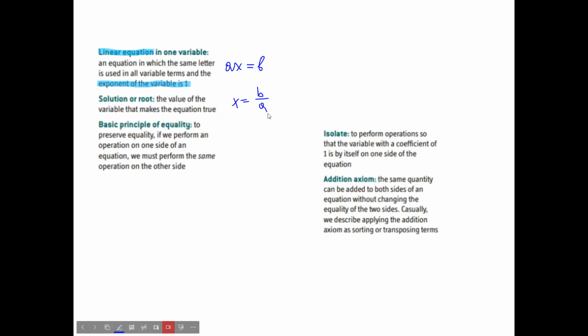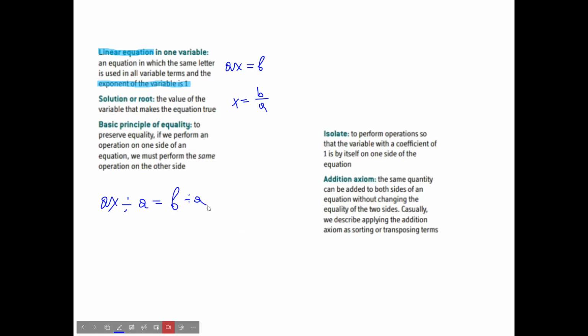So basic principle of equality. To preserve equality, if we perform an operation on one side of the equation, we must perform the same operation on the other side. So what we did here, we divided ax by a, and b by a. We performed the same operation on both sides.